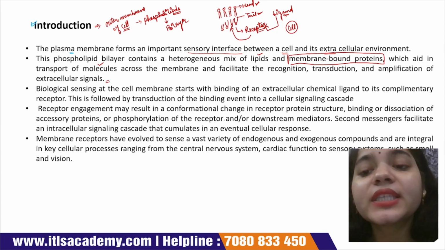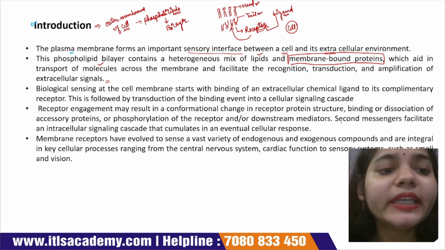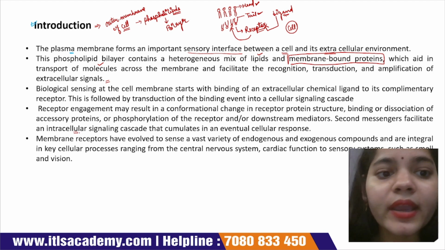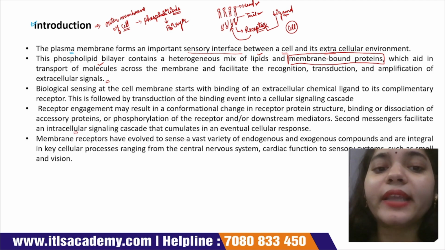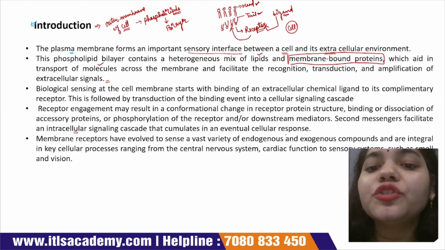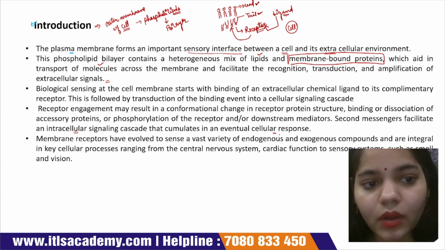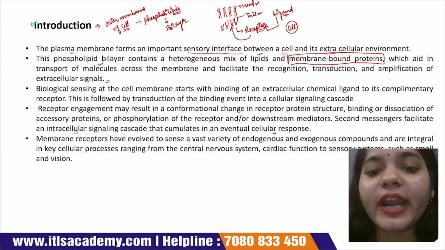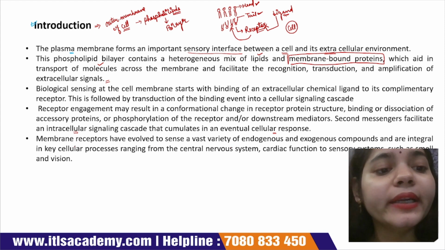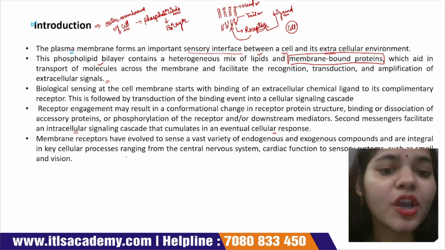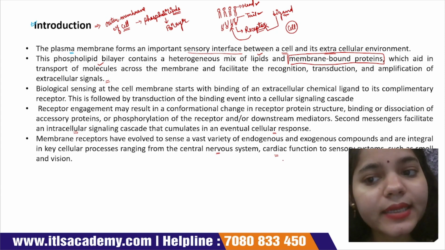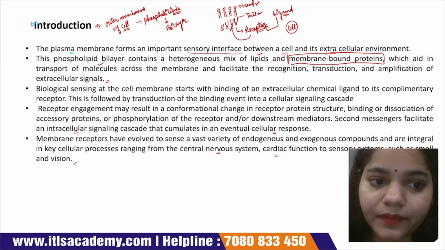After these changes, the secondary messenger facilitates intracellular signaling, an intracellular signaling cascade that culminates in the eventual cellular response. Okay, membrane receptors have evolved to sense a vast variety of endogenous and exogenous compounds and are integral in key cellular processes ranging from the central nervous system and cardiac function to sensory systems such as smell and vision.